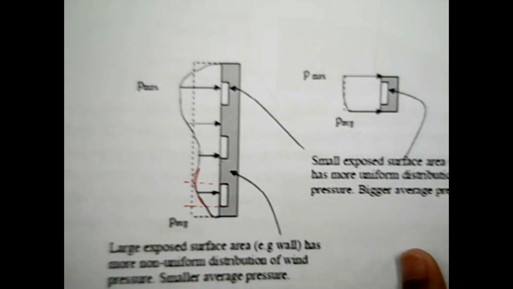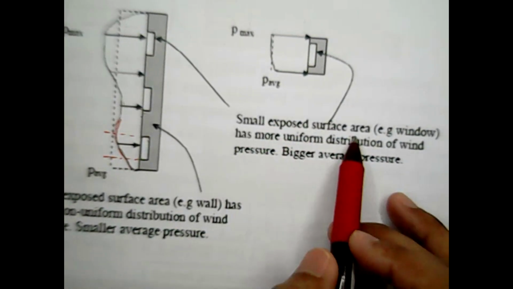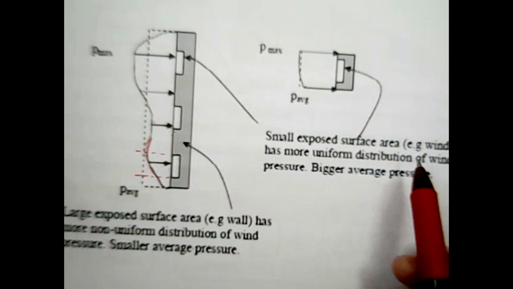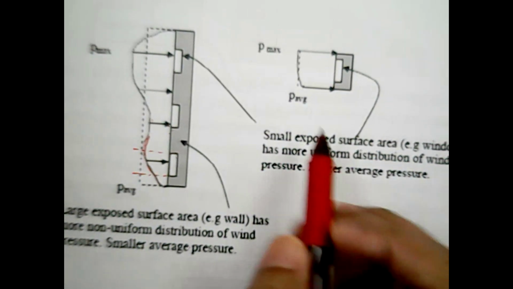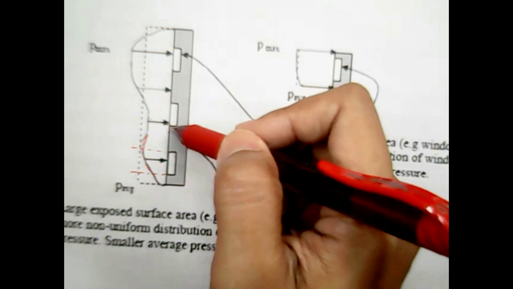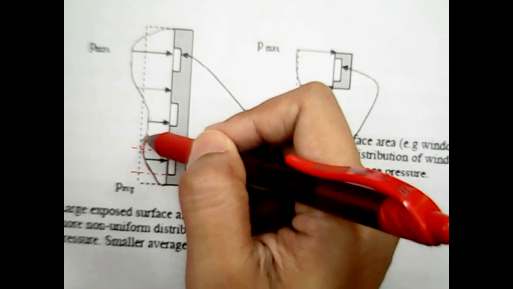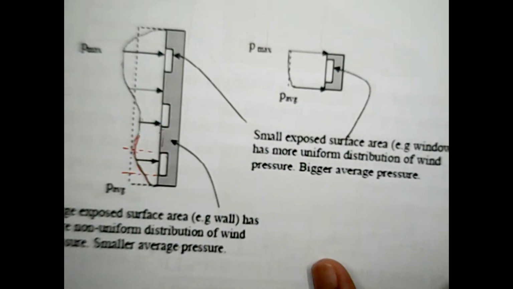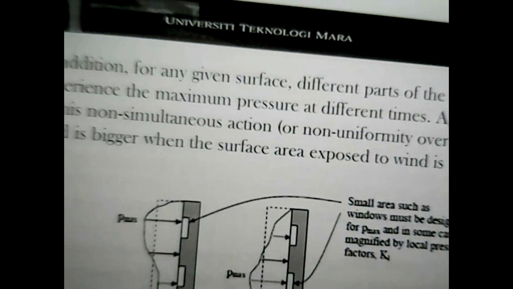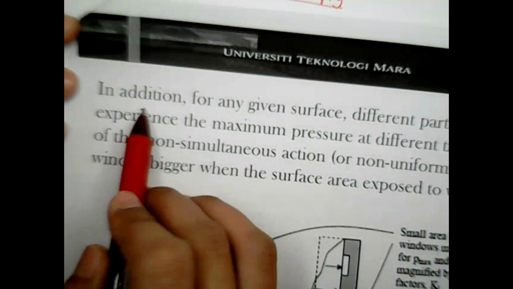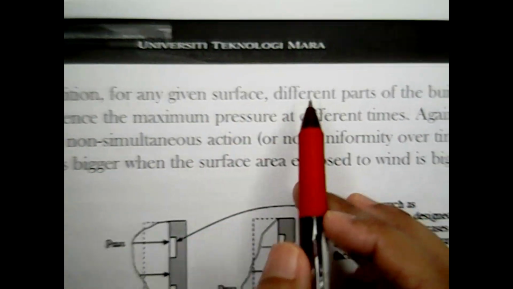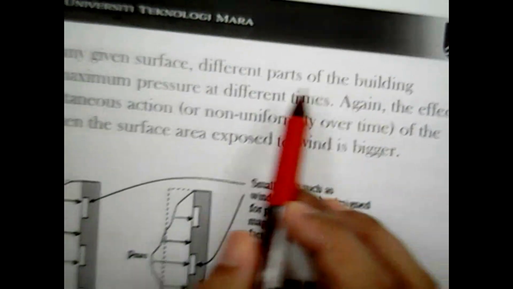So basically, a small exposed surface area, which is this very small area exposed to the wind pressure, has more uniform distribution. It tries to get a uniform distribution, rather than when you have this, it will have a fluctuation.